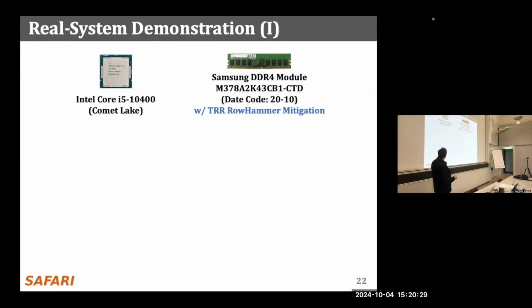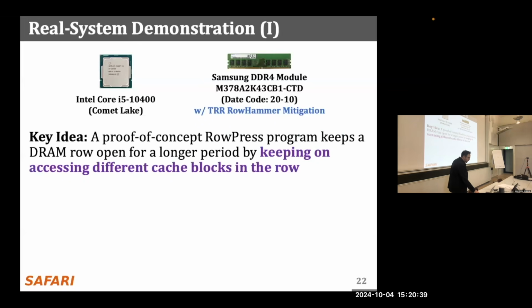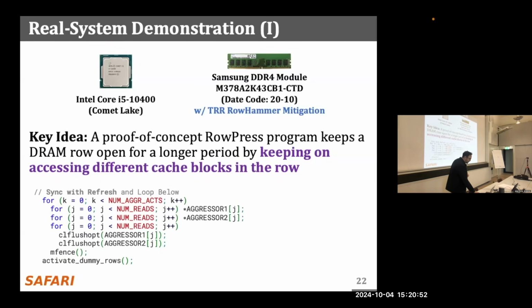We use an i5-based system that uses a Samsung module that we verify implements a TRR mechanism to mitigate RowHammer bit flips. Our key idea is a proof of concept RowPress program that keeps a DRAM row open for longer by continuing to access different cache blocks inside the same row.